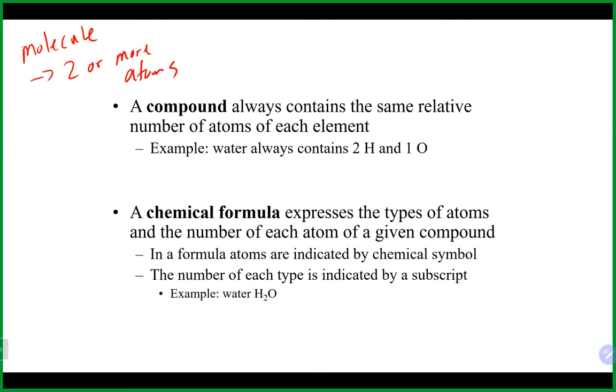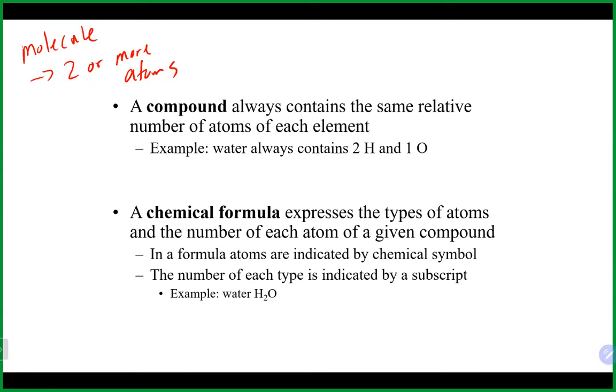And remember, for a molecule, that could be 2 or more atoms of the same element, which would actually make it an element rather than a compound. Or it could be 2 or more atoms of different elements, which would make it a compound. So the compound aspect has to have at least 2 or more elements involved.